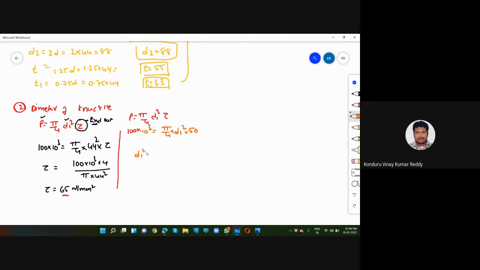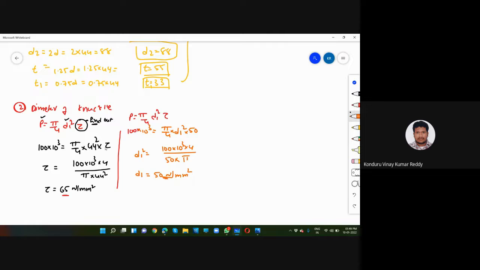Thereby d1 square is equal to 100 into 10 to the power of 3 into 4 by 50 into 50 into pi. Can anybody give me the d1 value? It will be around 50 millimeter.